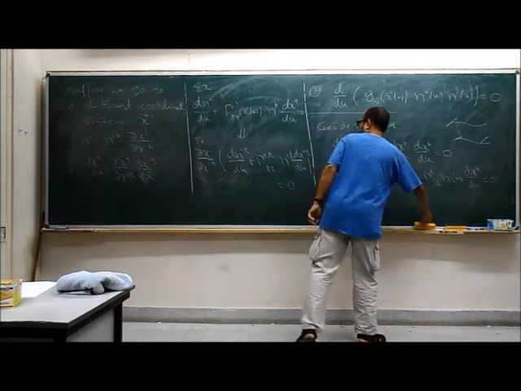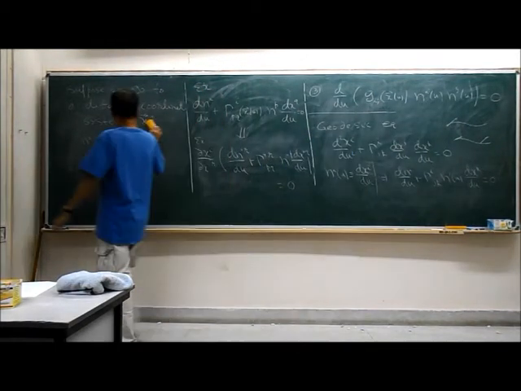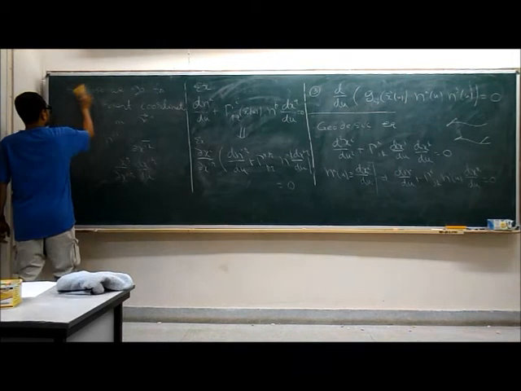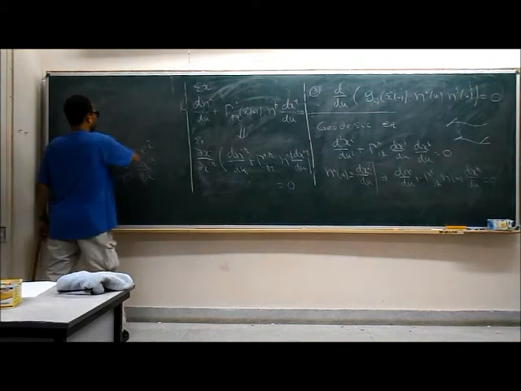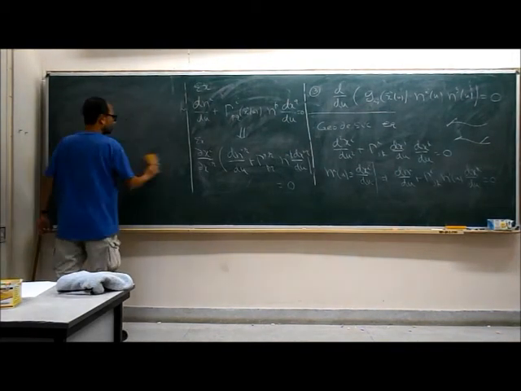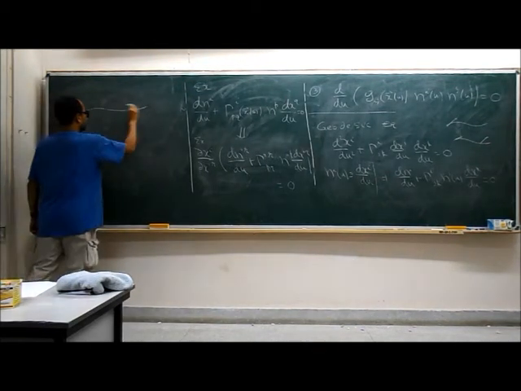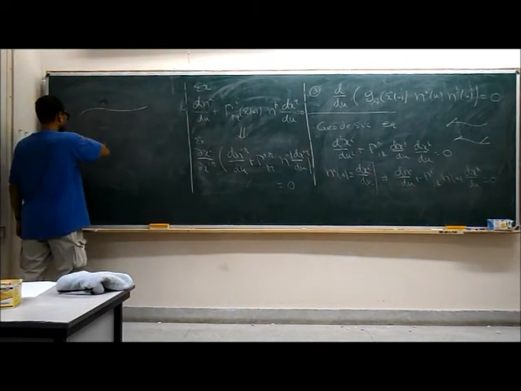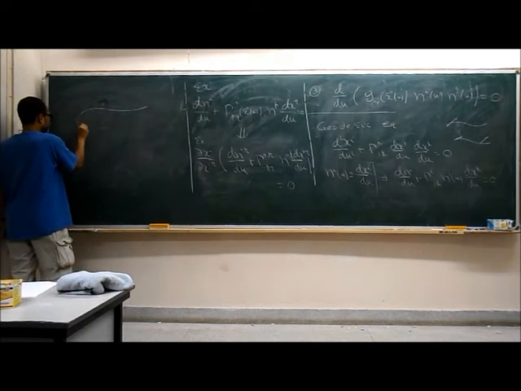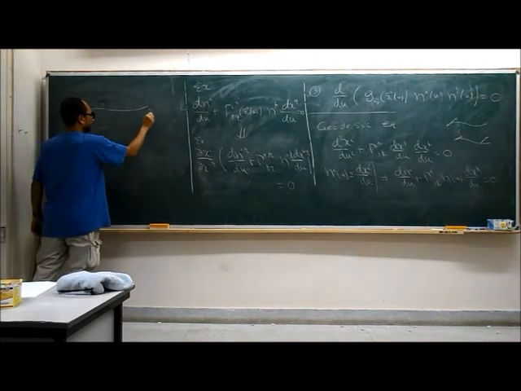So now let's go back to the curve which is not necessarily infinitesimal. It is a curve like this. We start from some point x1 and end up at some point x2.